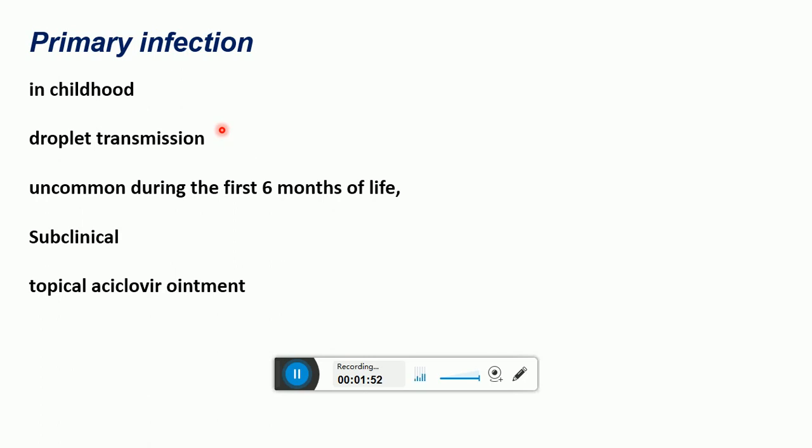Due to protection by maternal antibodies, it is uncommon during the first 6 months of life, but occasionally severe neonatal systemic disease may occur, in which early diagnosis and intravenous antiviral treatment are critical to reduce mortality and disability. The presence of maternal antibodies means that dendritic corneal ulcers may be seen.